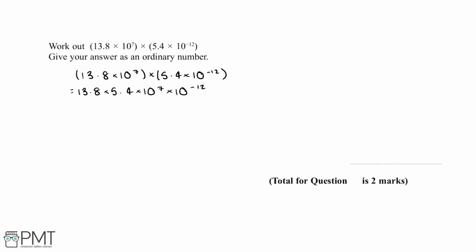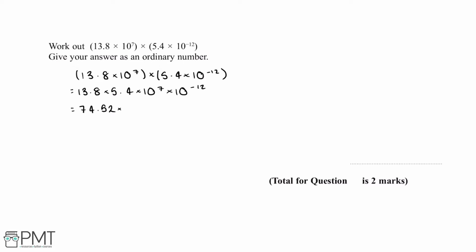And we can either put this straight into a calculator, or we can work it out in 2 separate halves. So if we start off with 13.8 multiplied by 5.4, this gives us an answer of 74.52. And then we can use our rules of indices to work out 10 to the power of 7 multiplied by 10 to the negative 12.